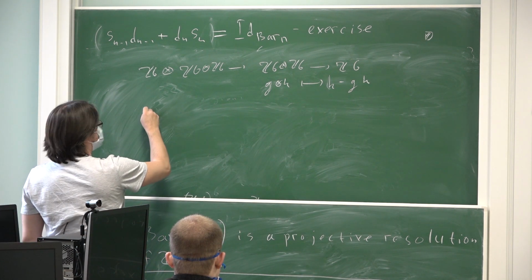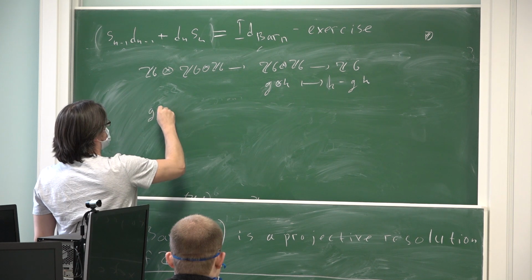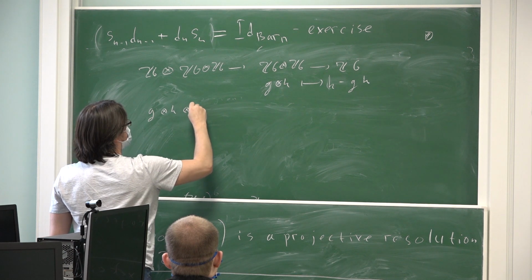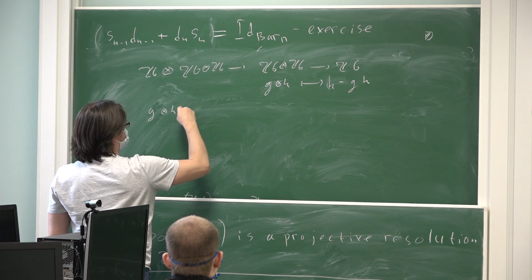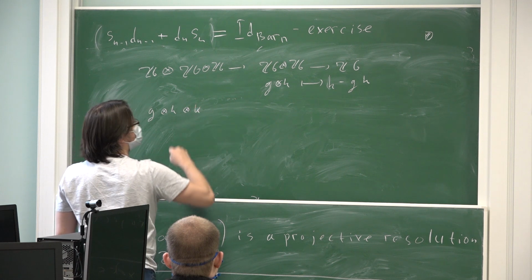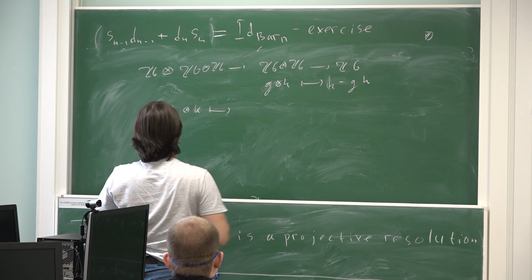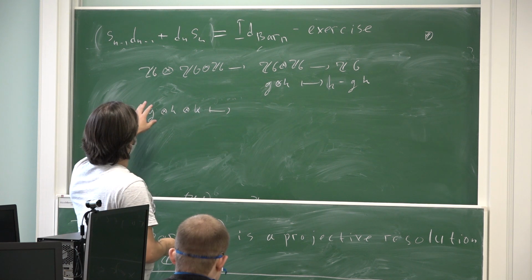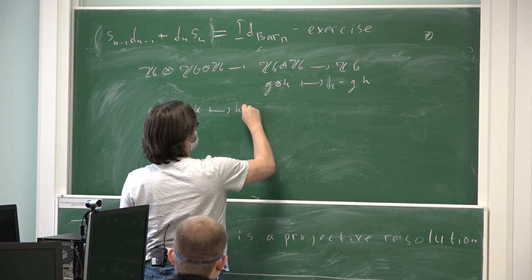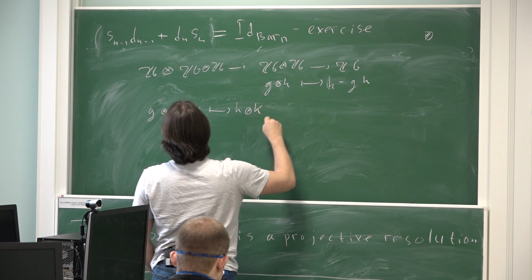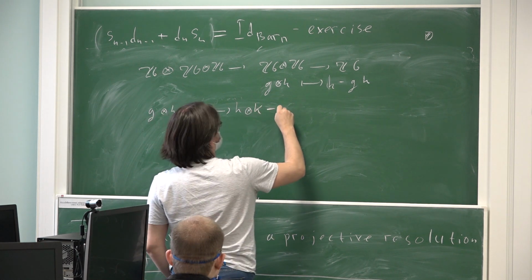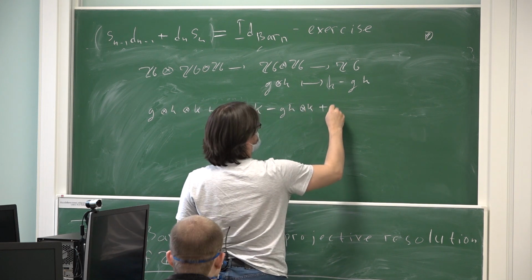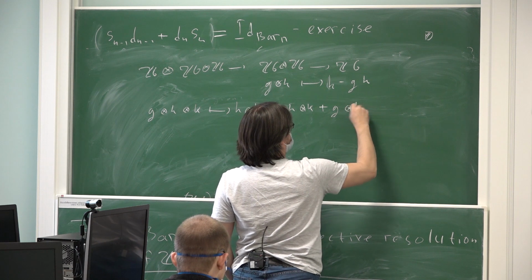And here g tensor h tensor k goes to h tensor k minus gh tensor k plus g tensor hk.